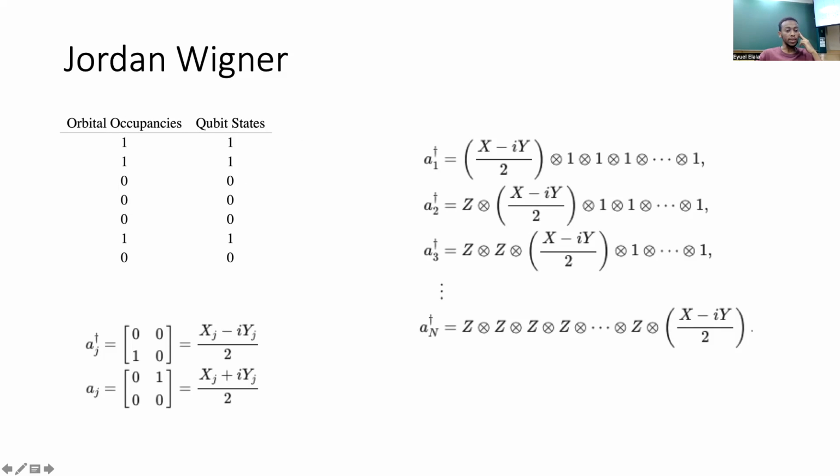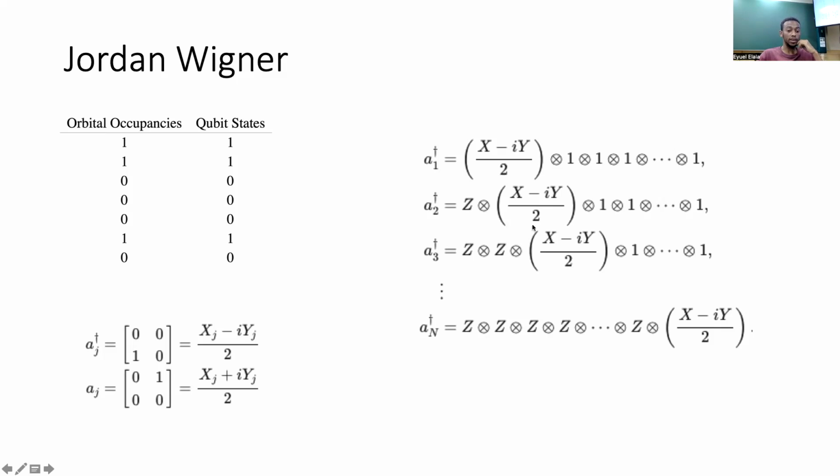With this kind of mapping, we need to translate the fermionic Hamiltonian into a qubit Hamiltonian. So we need a representation of the creation and annihilation operators, and these also have to satisfy the fermionic anti-commutation relation.